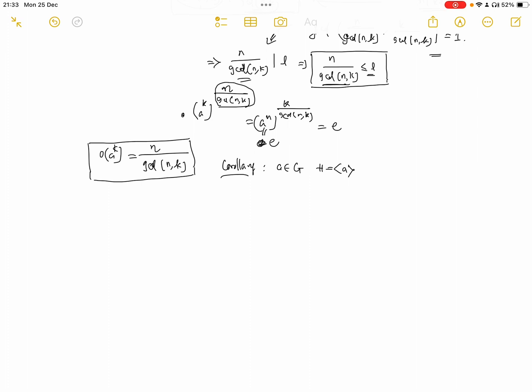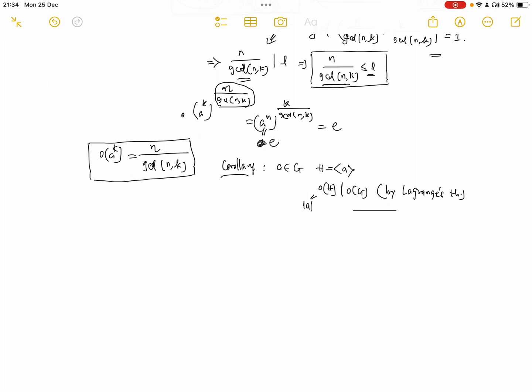Then by Lagrange's theorem, the order of this divides the order of the group, right? And because H is the cyclic group generated by A, the order of H is the same as the order of A. So inside any group, any element of that group must have an order that is a divisor of the order of the original group. So that is again a small corollary.